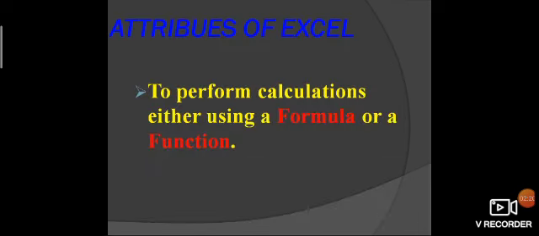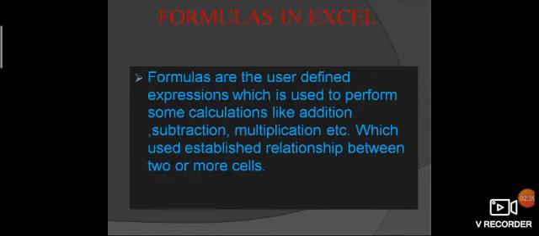Now students, a very important attribute of MS Excel is to perform calculations either using a formula or a function. Formula and function are the more important terms in Excel. Let us see what a formula is.